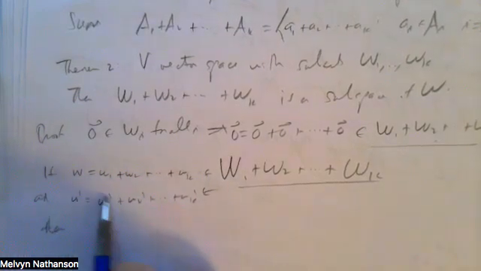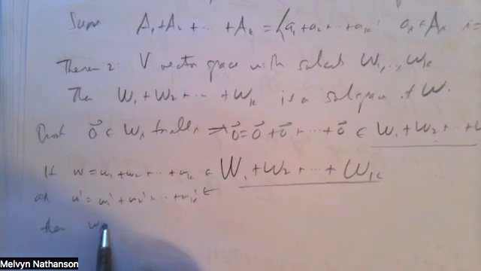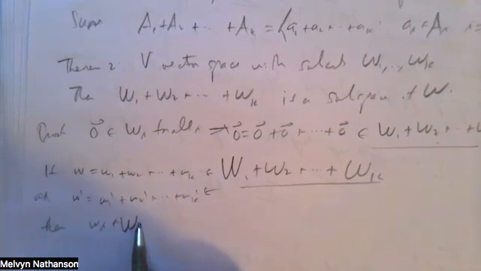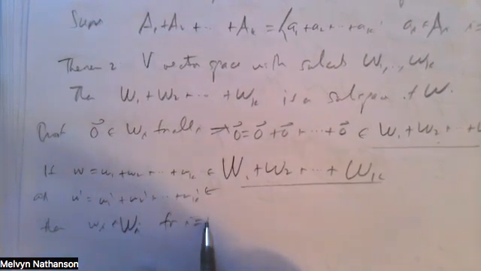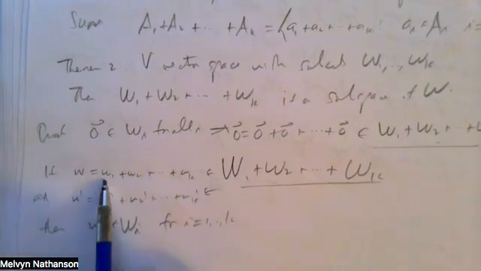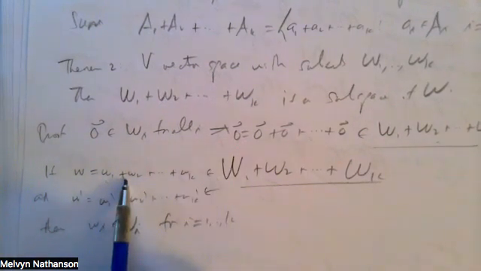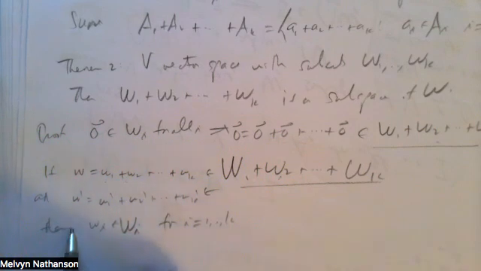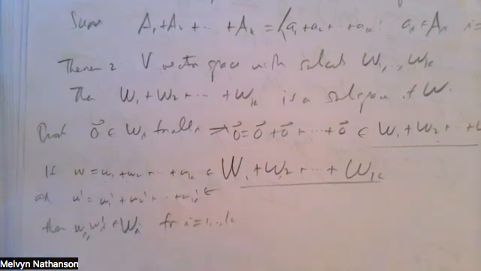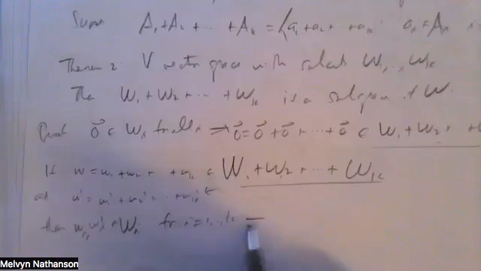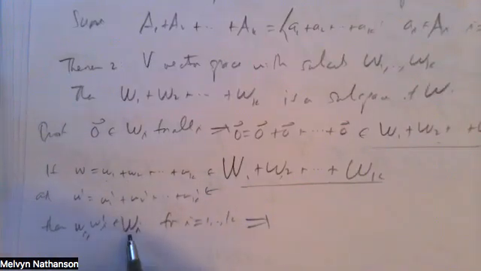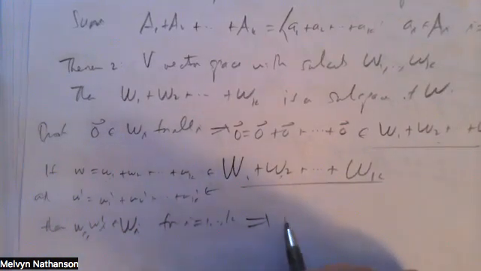What does that mean? That means W sub i is in Wi for all i from 1 up to K. This is something in the subspace W1. This is a vector in the subspace W2 and so forth. In fact, Wi and Wi prime are in capital Wi. But Wi is a subspace, so it's closed under vector addition.